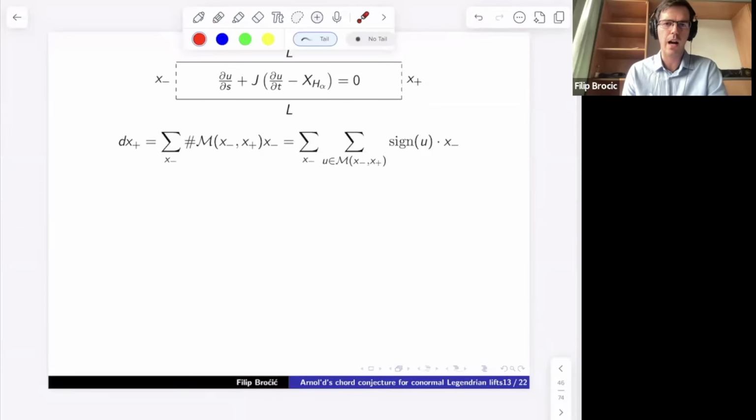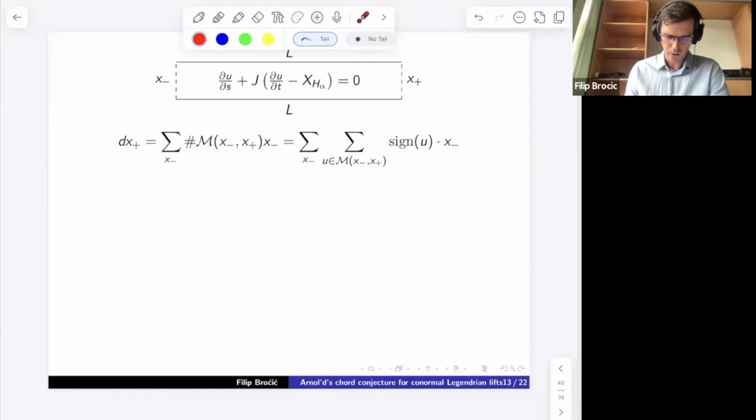Then the differential will count the solutions of Floer's equation with boundary conditions on the Lagrangian L. So we have an infinite strip with positive asymptotic x plus and negative asymptotic x minus. The differential is given by the signed count of the rigid elements in the moduli spaces.